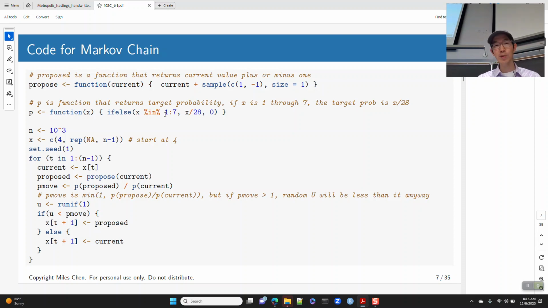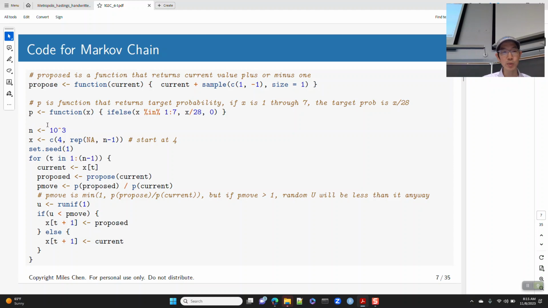If x is something between 1 through 7, then we'll return that number over 28. And if it's not, like if we propose an 8 or if we propose a 0, then the probability is going to be 0. So these are functions that are going to return the probability that we want.